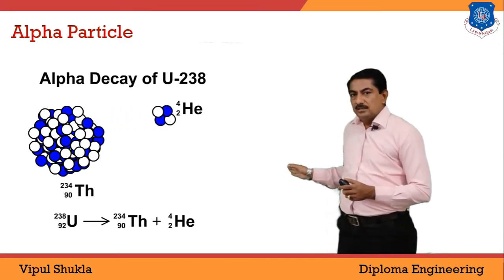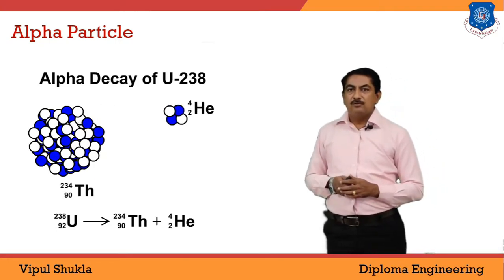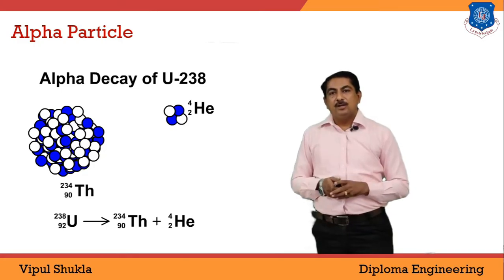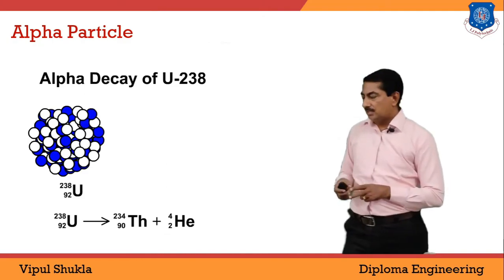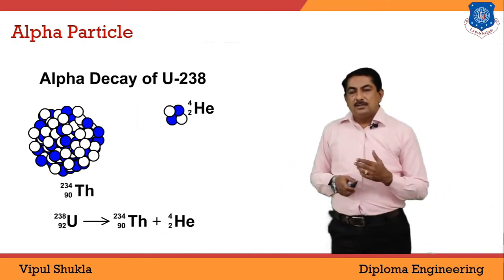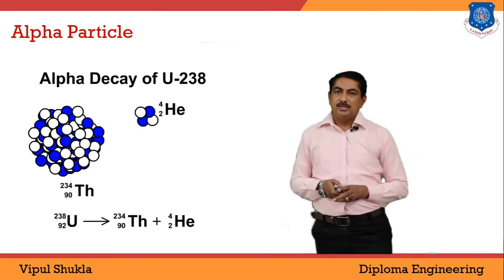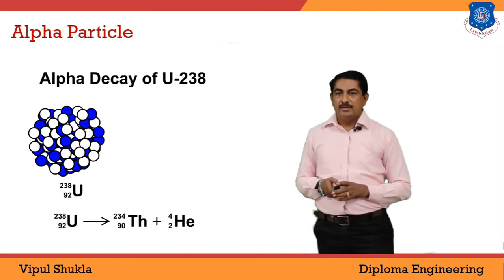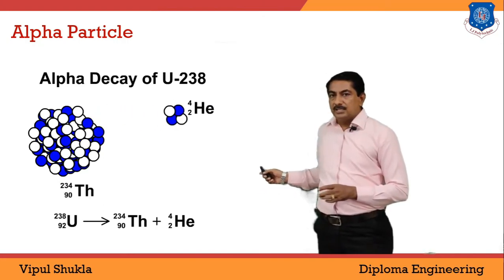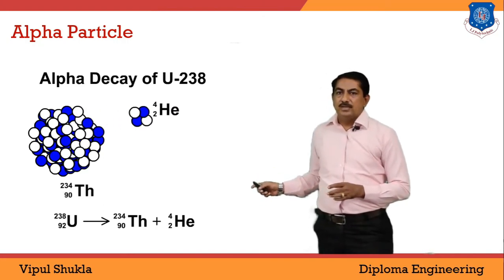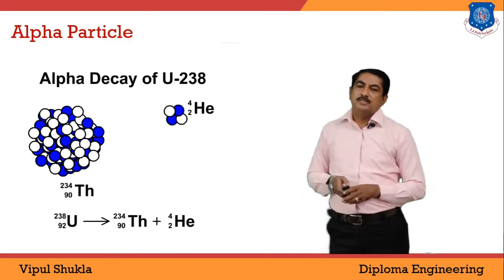When it is converted into the daughter nucleus, the atomic number of the daughter nucleus is 2 units less than the atomic number of the parent nucleus. In the same way there is a change in atomic mass also. Here thorium has an atomic mass 4 units less than the atomic mass of the parent uranium nucleus. So when uranium emits an alpha particle, we get a new nucleus, thorium, as well as a helium nucleus. Here uranium is the parent nucleus and thorium is the daughter nucleus.